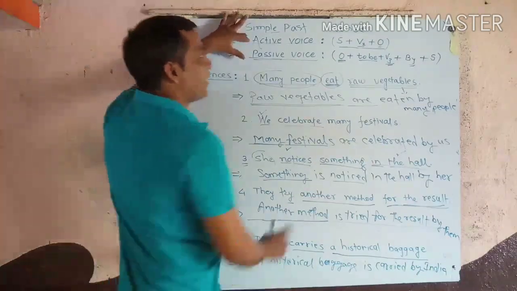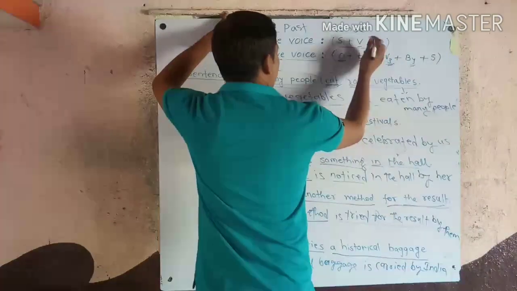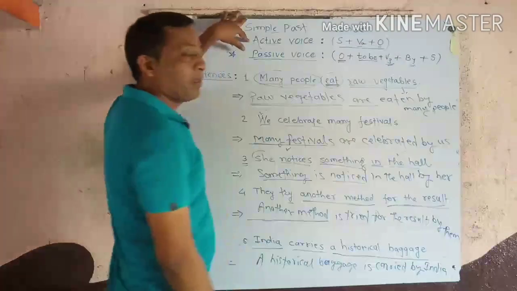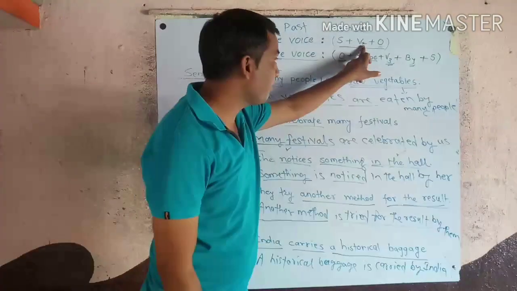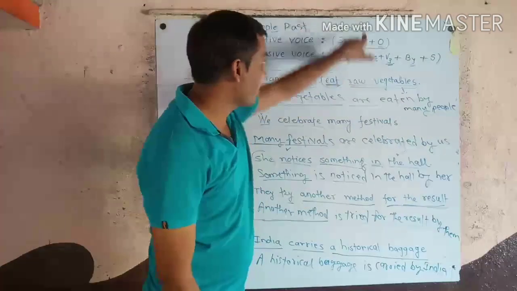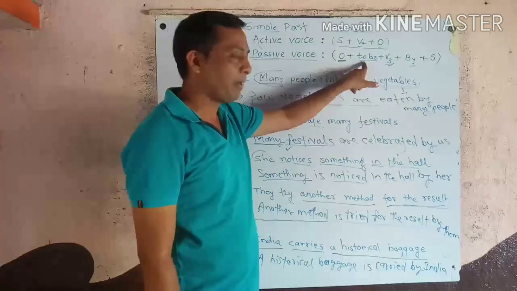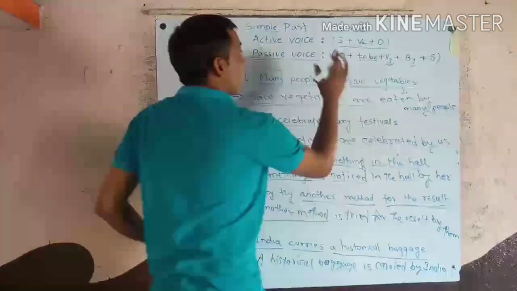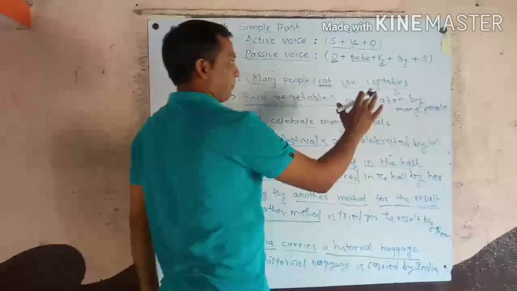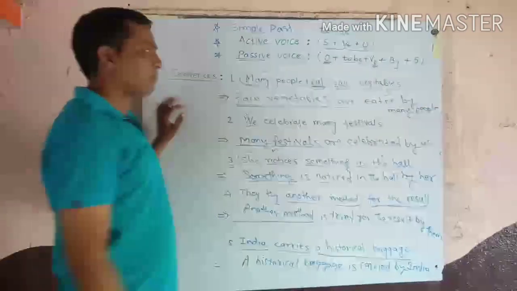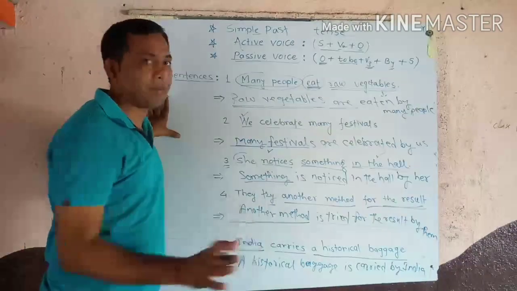What is the formula of active voice, especially of simple past tense? We take the second form of the main verb. Yes. And if the main verb is in second form, then in passive voice, only in place of am, is, are, we should use was or were. Otherwise, all the rules and regulations are the same there.